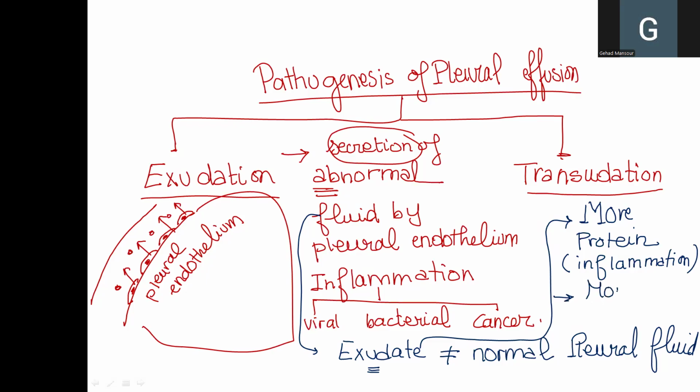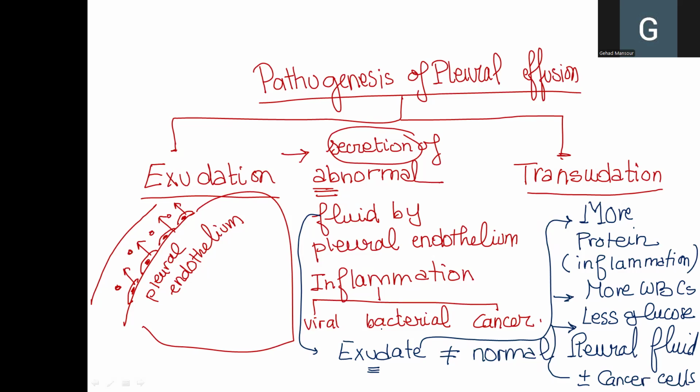There will be more white blood cells, and these white blood cells, of course, are there in order to fight the viruses or the bacteria, and there might be less glucose because glucose will be consumed by the white blood cells, plus or minus cancer cells if the condition is cancerous.